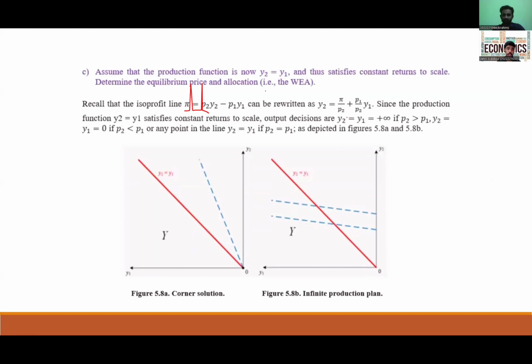Since the production function y2 is equal to y1 satisfies constant returns to scale, this shows that each firm or each production process faces the same cost of production, and the output decision is y1 is equal to y2 is equal to plus infinity. That means whenever production and demand are equal, there is no stopping in the production process, and it will go on.